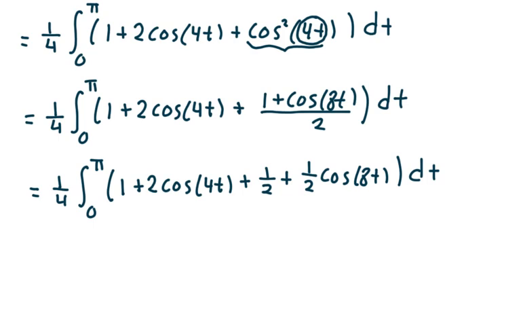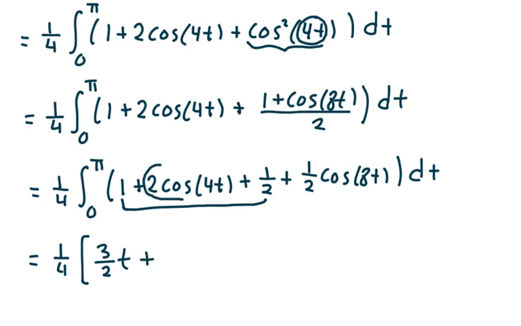Now, remember 1 plus 1/2 is 3 over 2. So from here, I'm going to get 3/2 t, because again, don't forget 1 plus 1/2 is 3/2. Then I'm going to go plus, then I'm going to integrate this guy here.